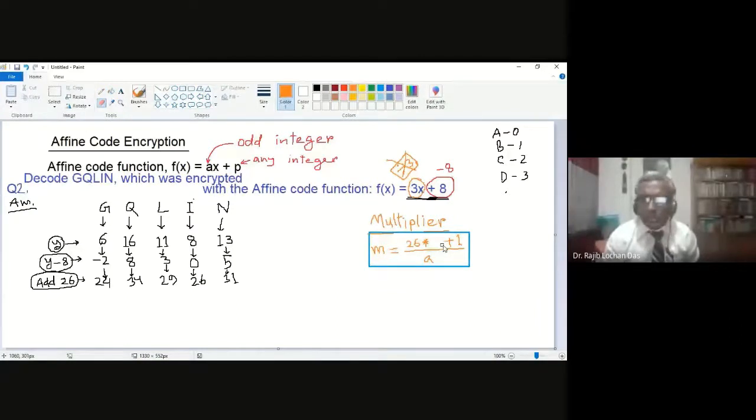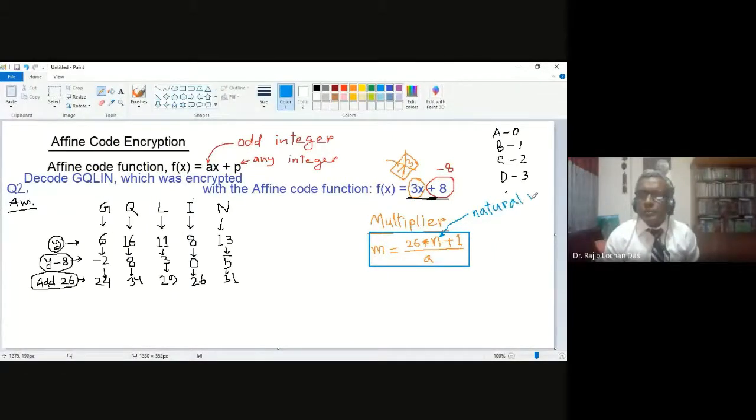So what is n? N means any natural number. So any natural number means you can put 1, then 2, then 3, then 4, then 5, like that.